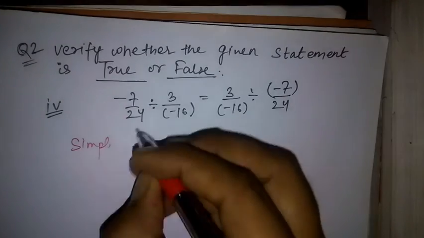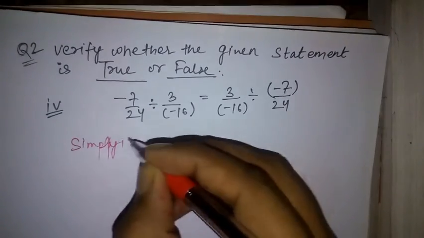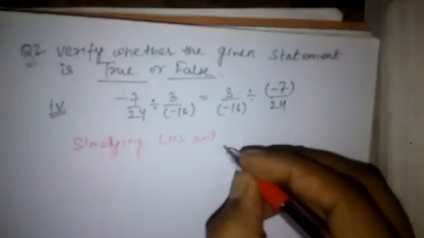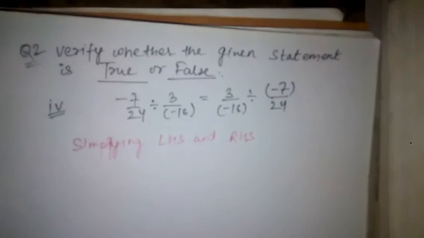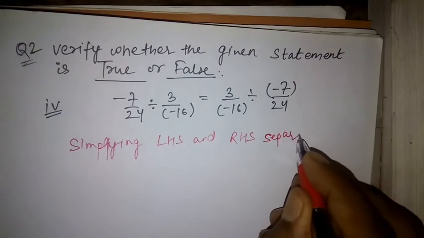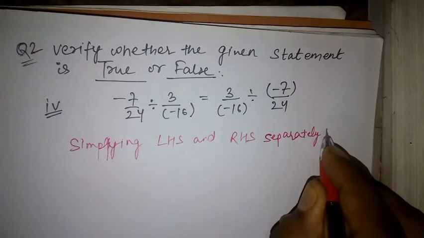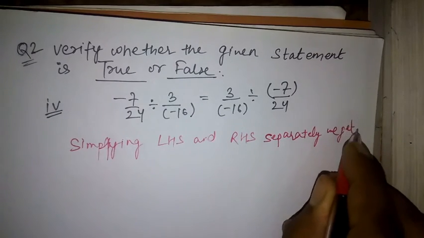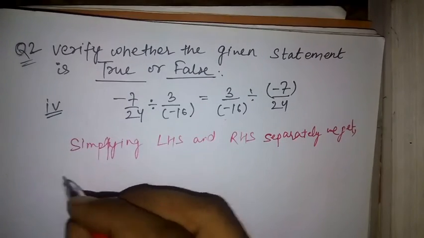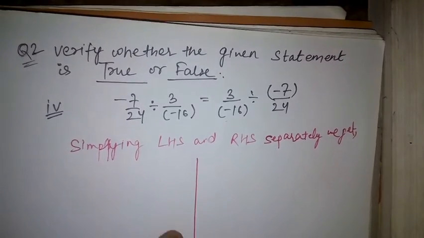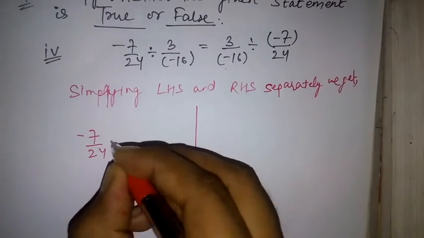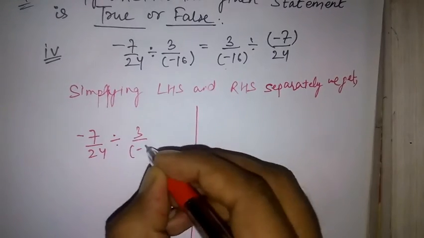Now simplifying LHS and RHS separately, we get. Now we will simplify this side and this side. Minus 7 upon 24 divided by 3 upon minus 16.